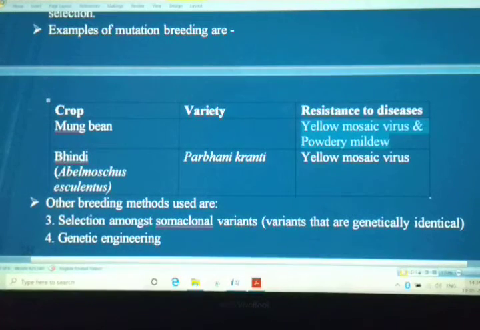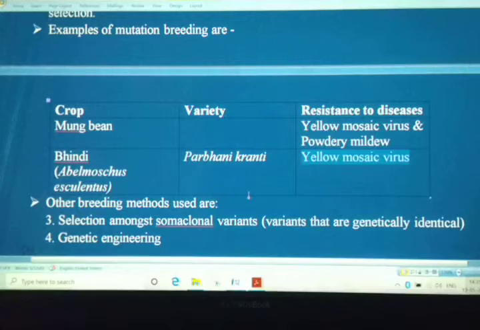The second one is bhindi, scientific name Abelmoschus esculentus. The variety's name is Parbhani Kranti, and it is resistant to the disease yellow mosaic virus.